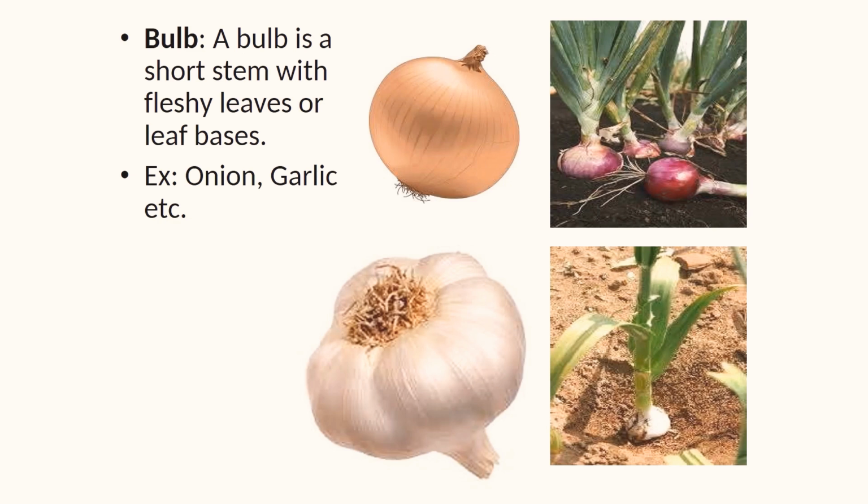This is called tunicated bulb. For example, onion. Another type of bulb is like that of garlic, in which a number of cylindrical and separate fleshy scales called cloves are arranged, and a group of such cloves is enclosed in a whitish paper tunic.